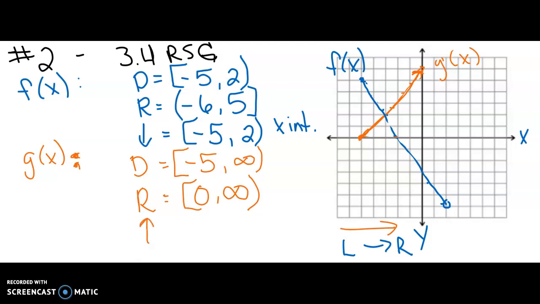So it is increasing on the interval from -5 to infinity. And again, notice when I talk about increasing, I talk about an interval of x values. So that's the first part of the question.